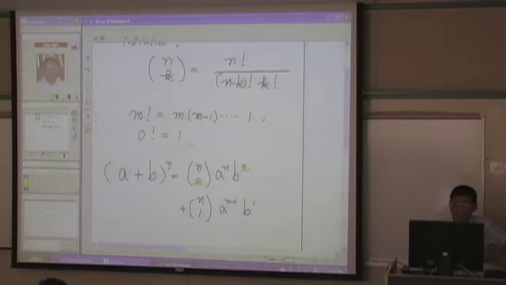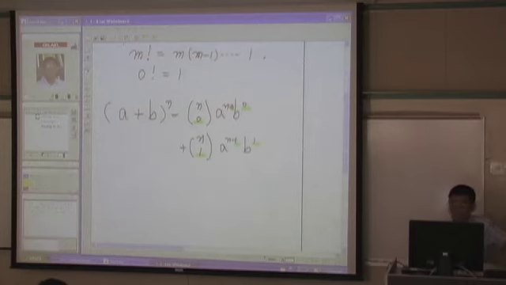And then generally, for some k, n choose k, a to the power of n minus k, b to the power of k, and so on up to n choose n, a to the power of n minus n, b to the power of n.